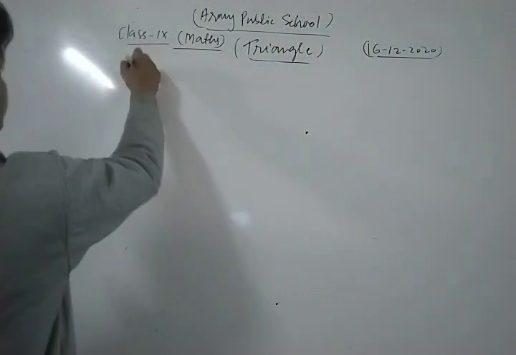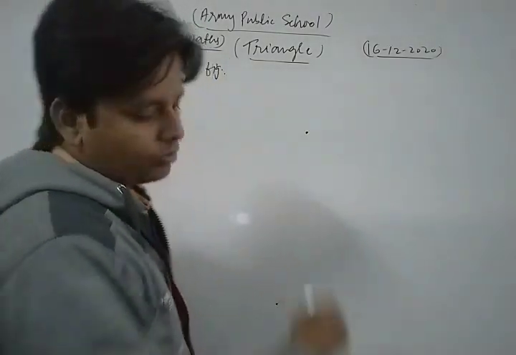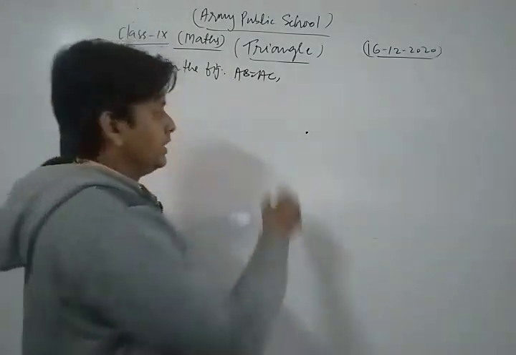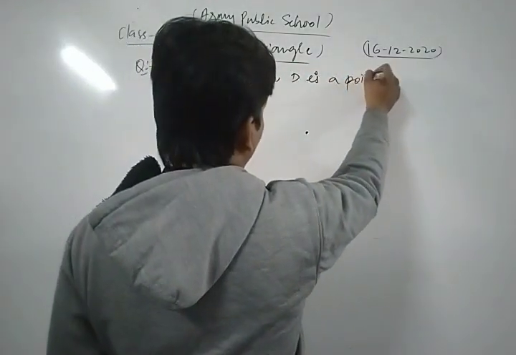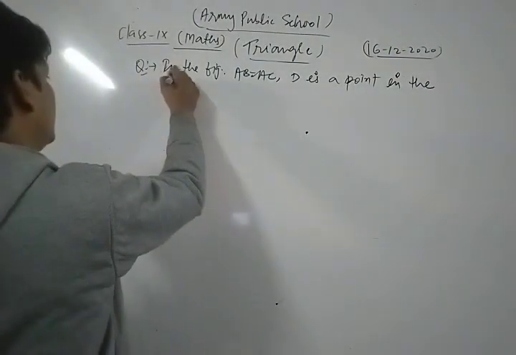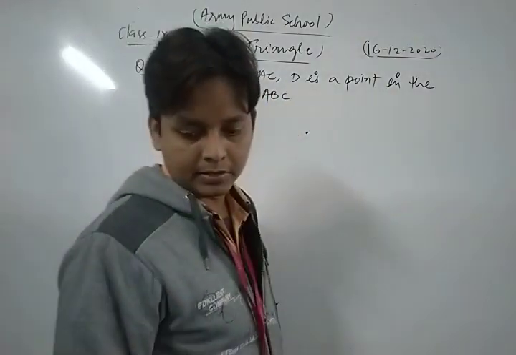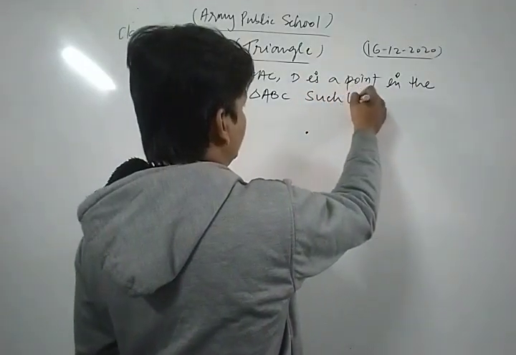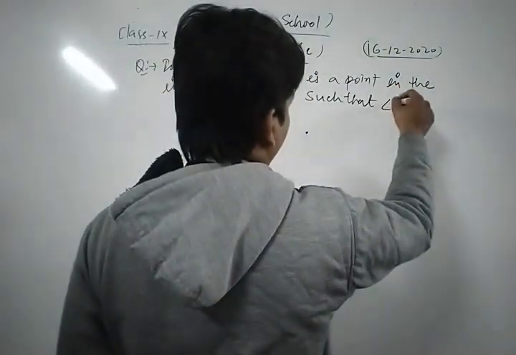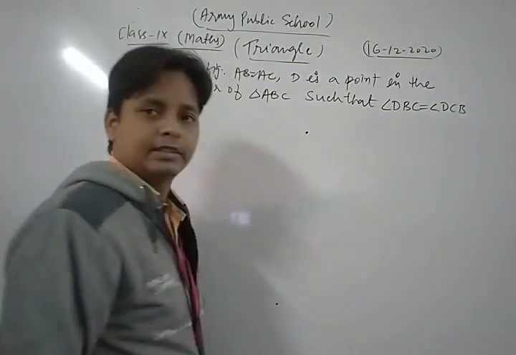In the given figure, AB is equal to AC, D is the point in the interior of triangle ABC such that angle DBC is equal to angle DCB, such that this is equal to this.